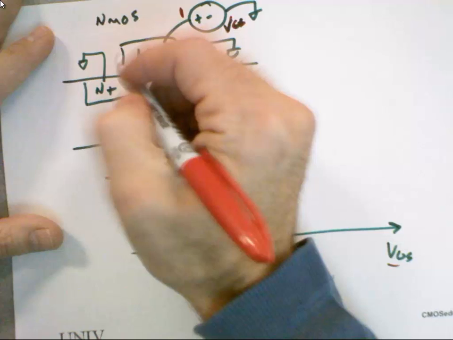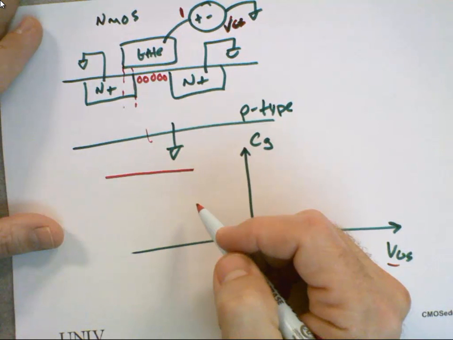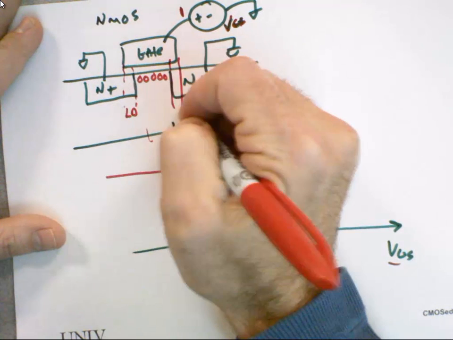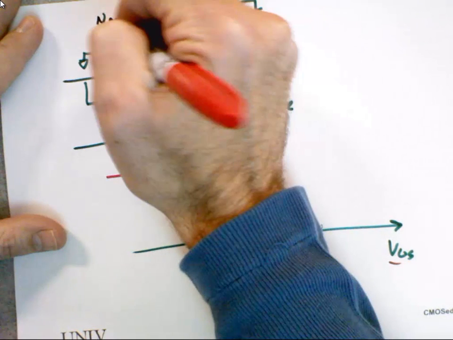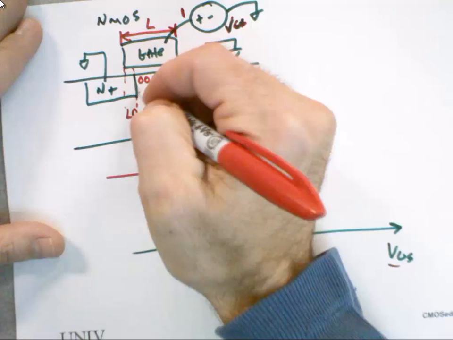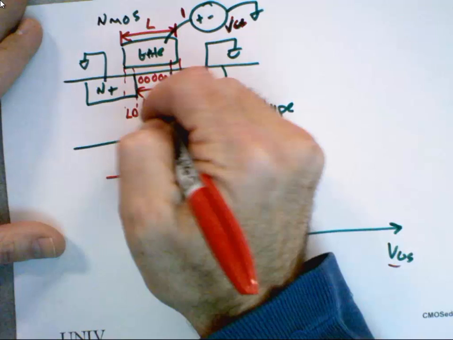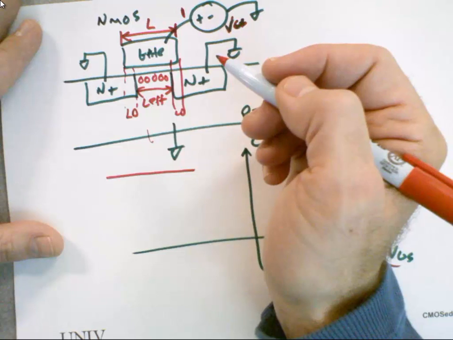Now, refresh my memory. This was called the lateral diffusion, has the length LD. This distance here was called the length L, the drawn length. And this distance here is the L effective. Now I'm going to do the same exact discussion when we talk about the PMOS.